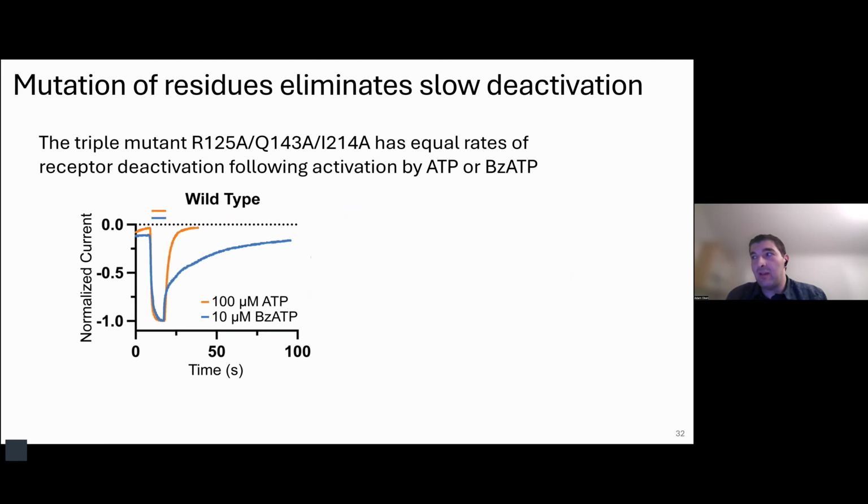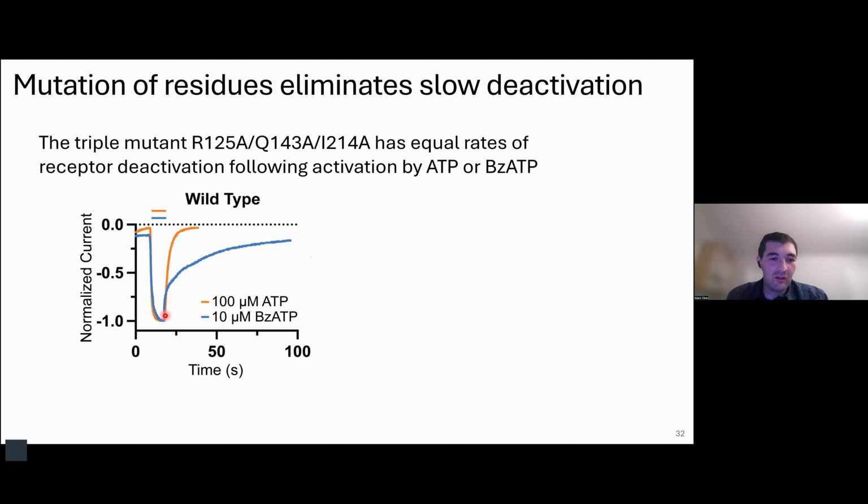The next thing we tested is how residues affect the rate of receptor deactivation. Here, our goal was to understand the impact of arginine 125, glutamine 143, and isoleucine 214 on the rate of receptor deactivation, and eliminate the slow deactivation found by BCHP.